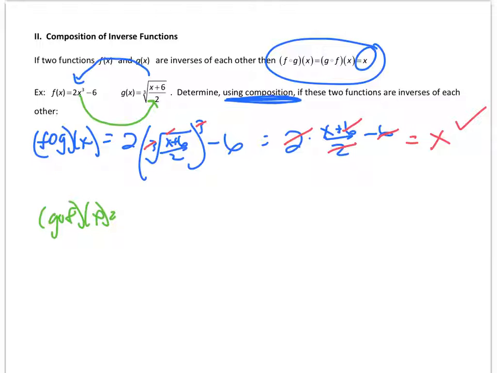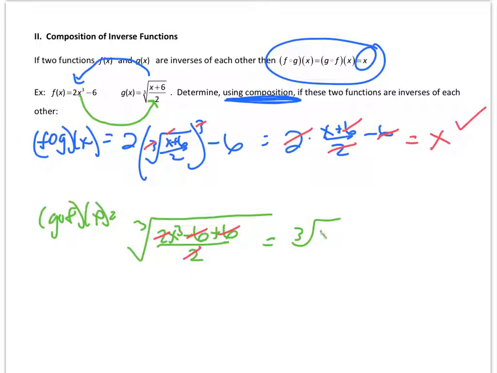So now I'm going to plug in 2x cubed minus 6 plus 6 over 2. The 6's will cancel, the 2's will cancel, and I'm left with cube root of x cubed, which gives me x.